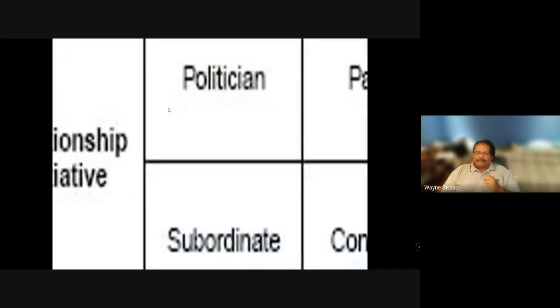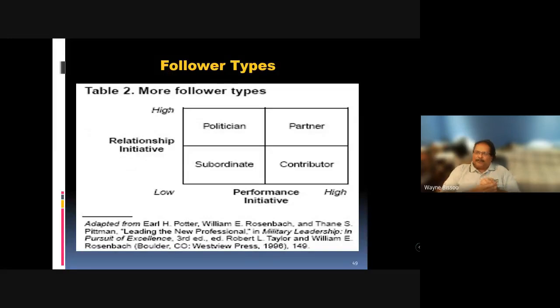So follower types. These are the types of followers you're likely to come across in your organization: politicians, partners, subordinates, and contributors. Now, what we're doing is we're measuring on this scale the relational initiative of the individual and the performance initiative of the individual. So you have from low to high on both axes.